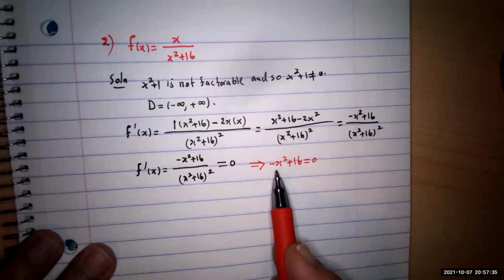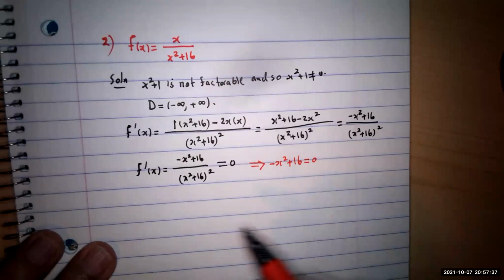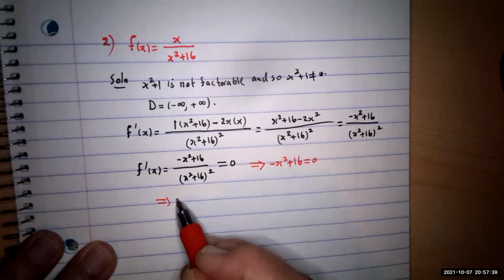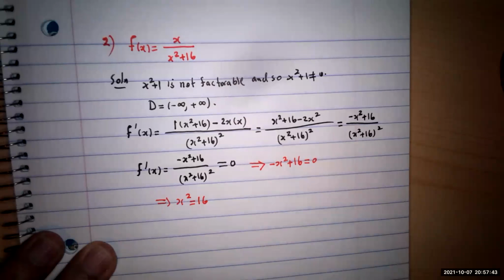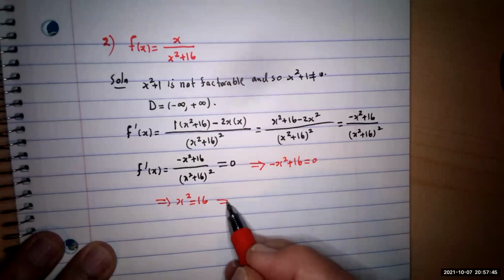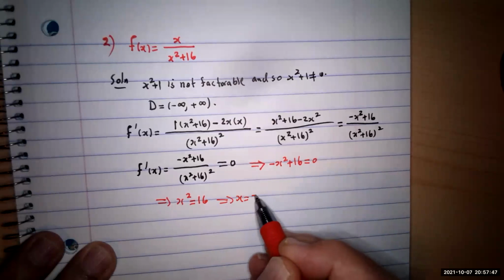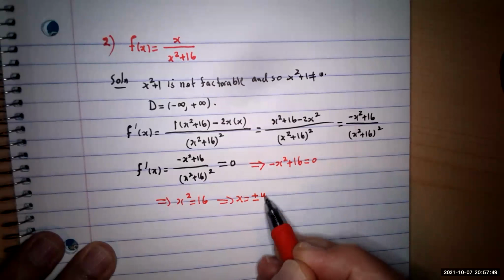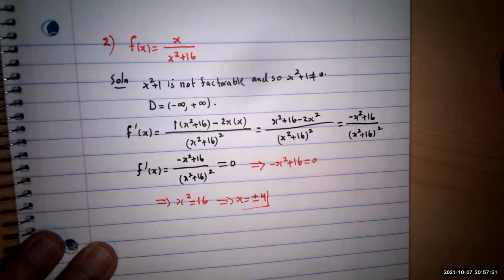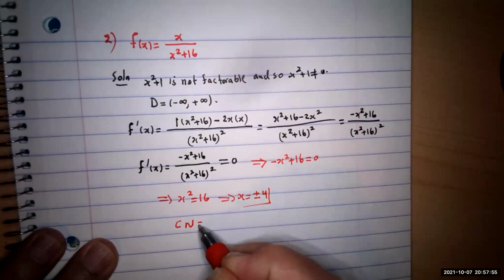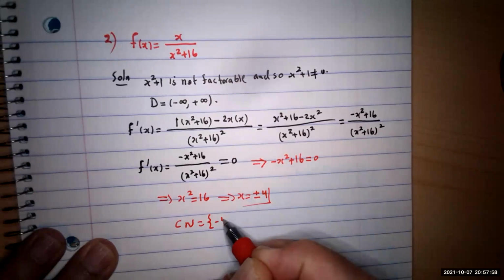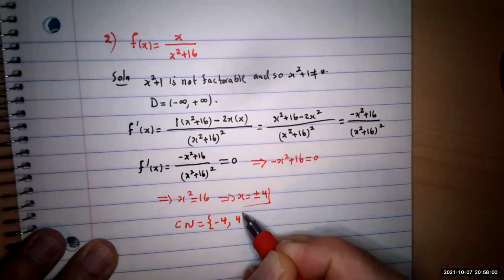So I move the x squared to the other side, making x squared equal to 16, and you take the square root. So x would be positive or negative 4. That's it. We have two critical numbers: negative 4 and 4.